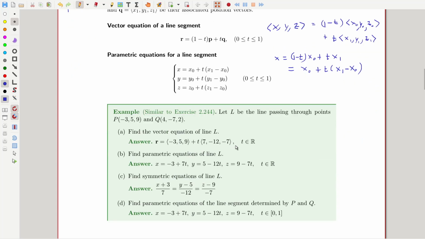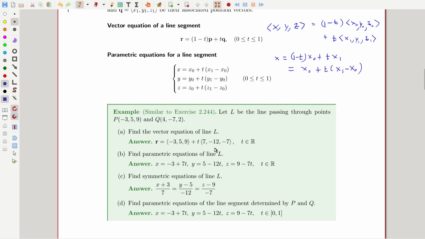Now for example. We're asked to create all sorts of equations that describe the line passing through the points P and Q given. So the vector form, well, we start at a point, so we have the point here.